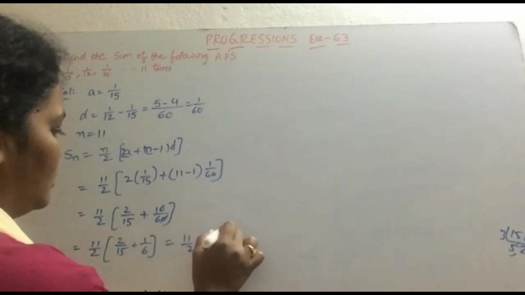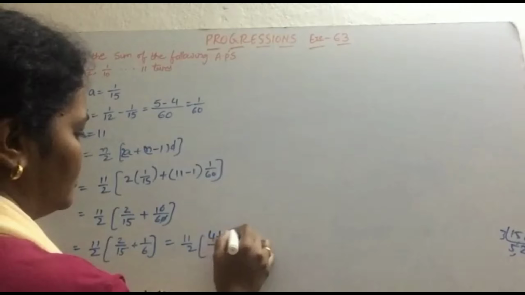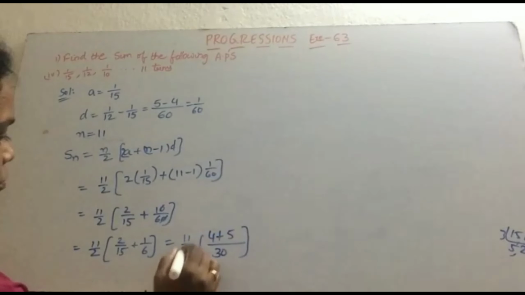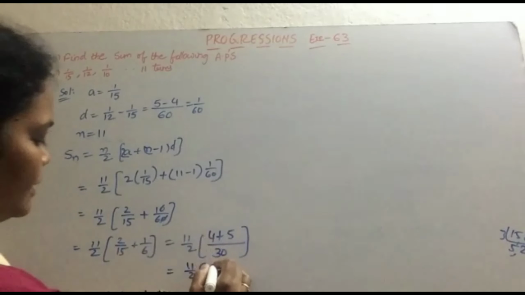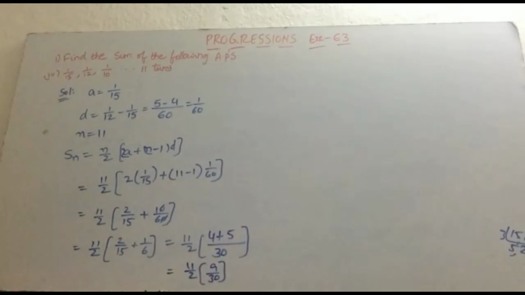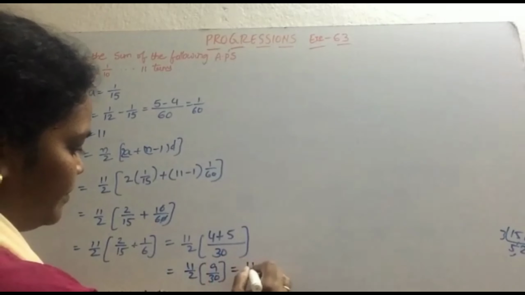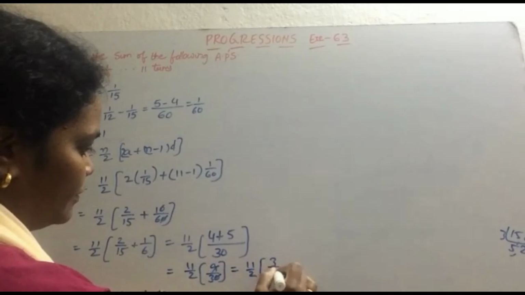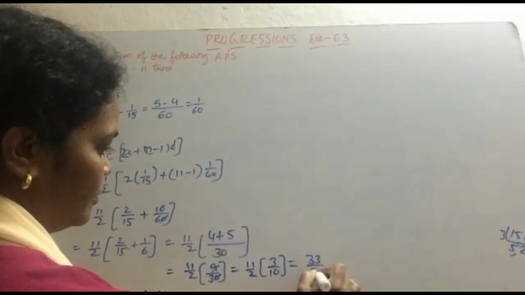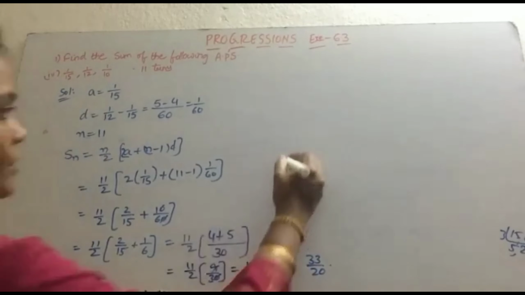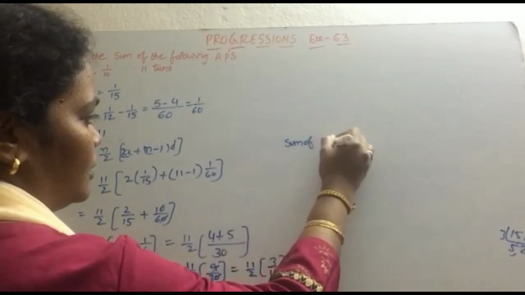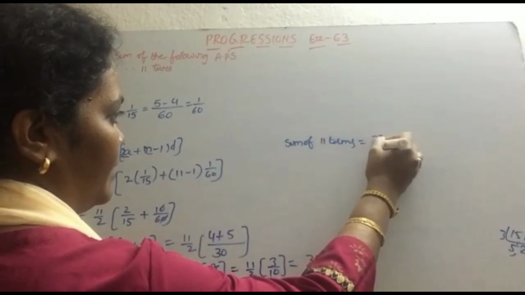So 4 plus 5, so that is equal to 11 by 2 into 9 by 30. So that is equal to 11 by 2 into 3 by 10, 33 by 20. So sum of 11 terms equal to 33 by 20.